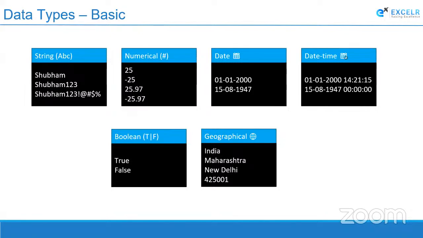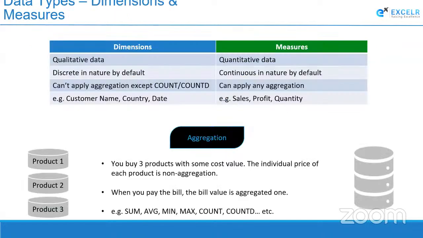The best example is Excel: how do we locate a cell? A cell is an intersection of rows and columns. Similarly, here for locating your location, you need latitude and longitude. Any questions on this data type? If no questions, let's move on to the next one.